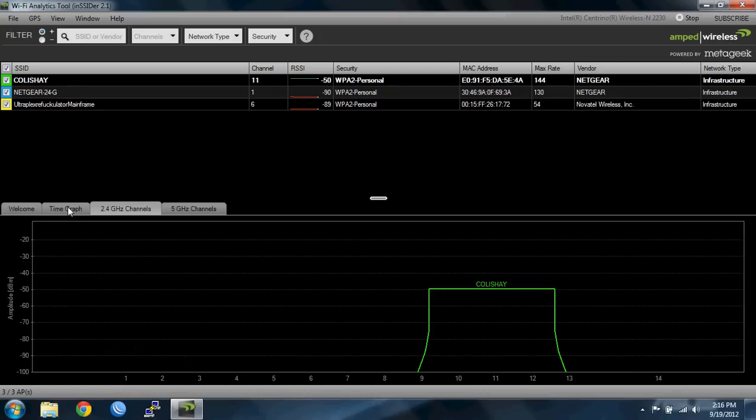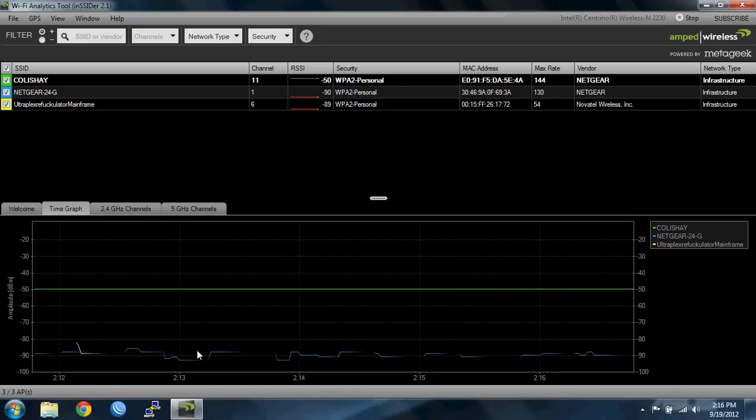All right, so let's take a look at the time graph. Now, time graph is showing, for the most part, that the Kalashay network has maintained an even signal strength of negative 50. What that indicates to me is that there's not really anything affecting it as far as interference goes.